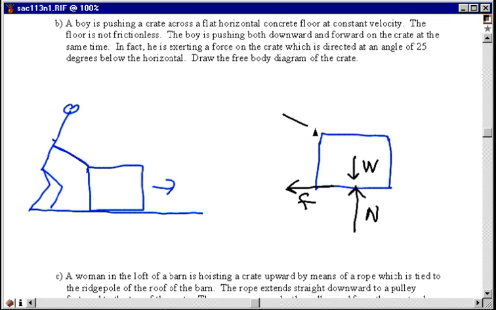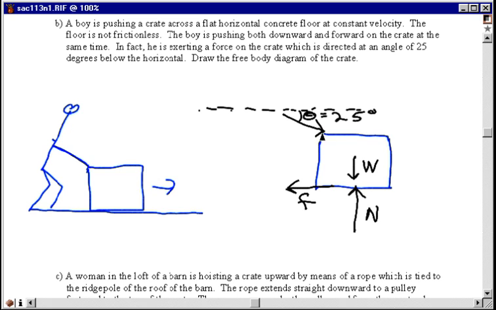That'll be the weight, and then the boy exerting this force on it at an angle. I'll draw a horizontal in here. There's a dotted line, and that force is at an angle, I'll call it theta, where theta is equal to 25 degrees below the horizontal.